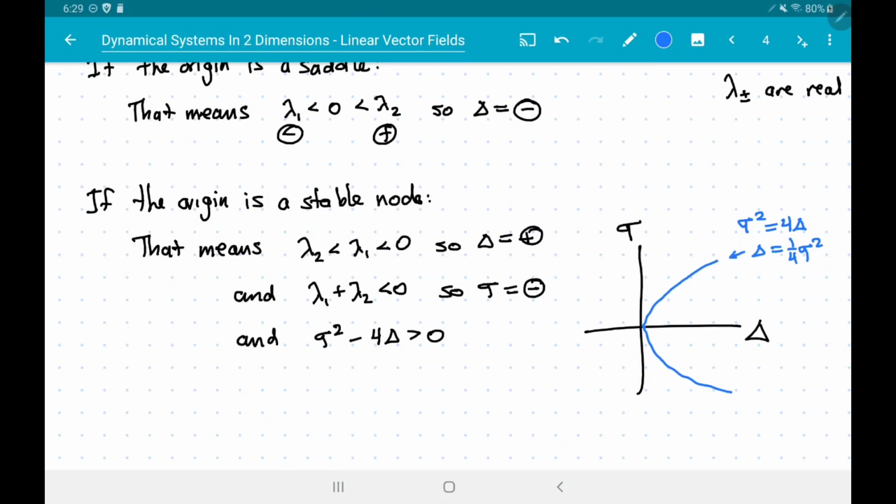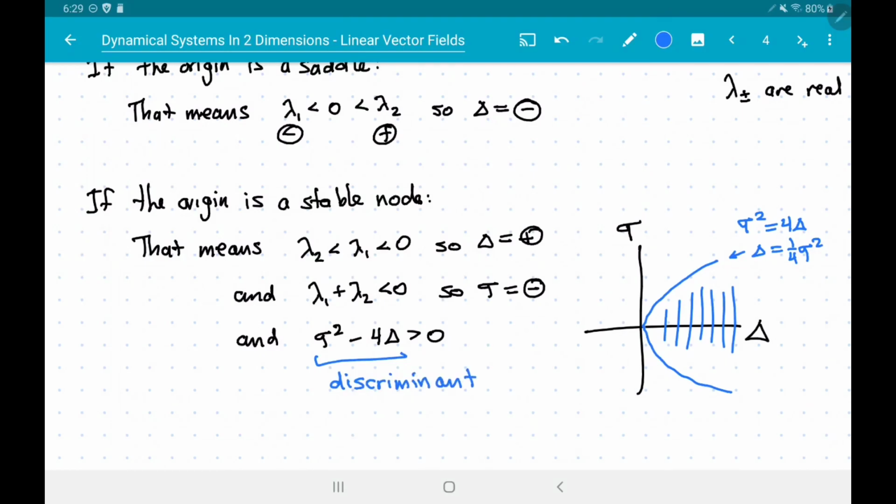Okay. Up in this part, delta is greater than 1/4 tau squared. Sorry, tau squared minus 4 delta is the discriminant. I forgot to give you that name. This is called the discriminant of the polynomial.